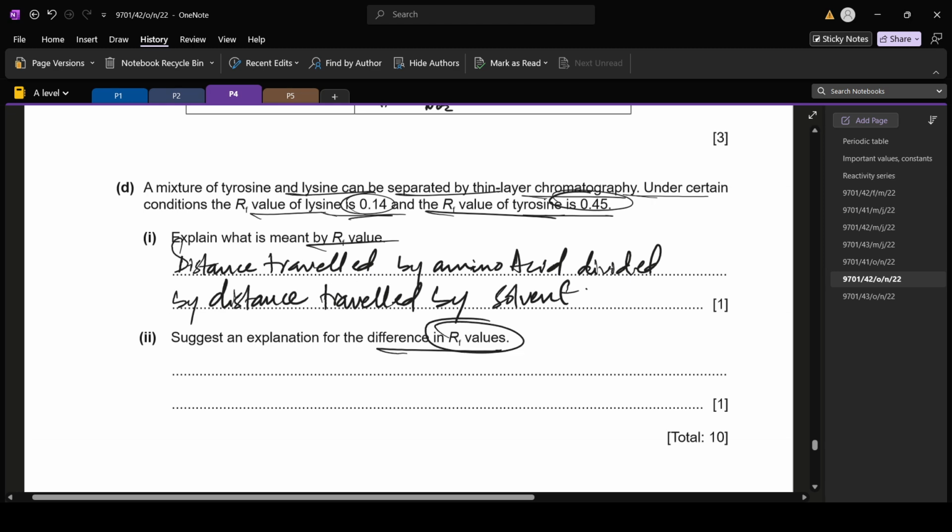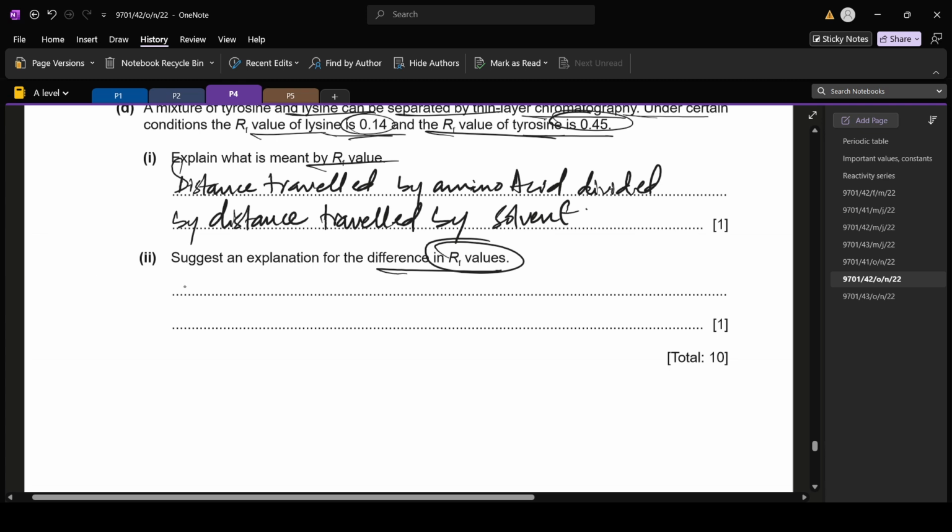So lysine has a smaller RF value than tyrosine, so it means this tyrosine must be more soluble in this solvent. Okay, or you can also say that this lysine is more attracted to the stationary phase.